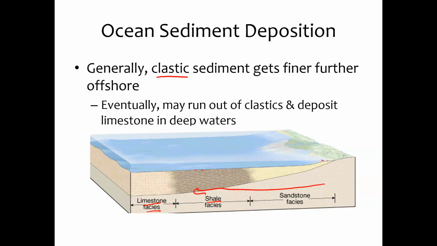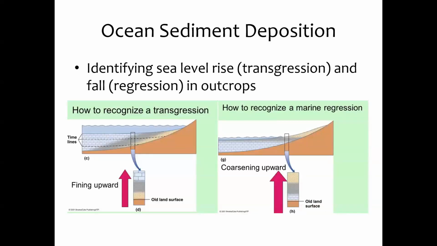So a lot of times, if we are reading the rock record, we can tell what was happening to sea level at that spot by interpreting the size of the particles. Near shore, the particles can be moved by the waves because it's shallow enough that the sands are above the wave base, and so they can be moved around by those waves. And then as you go further and further offshore, you're going to get into the mud and then eventually into the limestone.